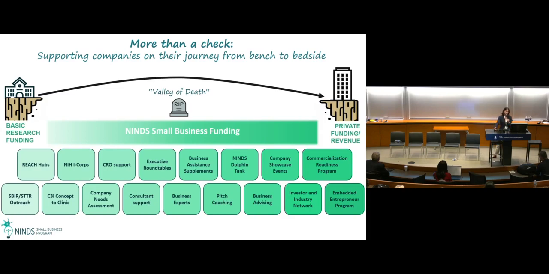So these programs include NIH-wide programs like I-Corps and NINDS-led programs such as a peer network of neuroscience executives. We support the development of investor-facing materials, and we will also support companies in getting in front of investors and strategics through company showcase events.